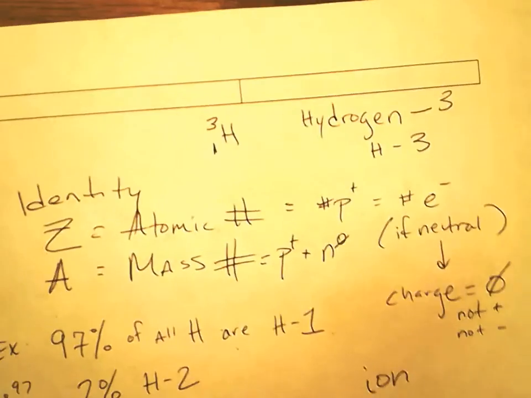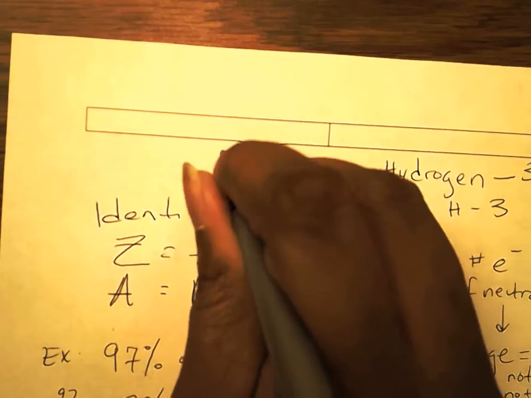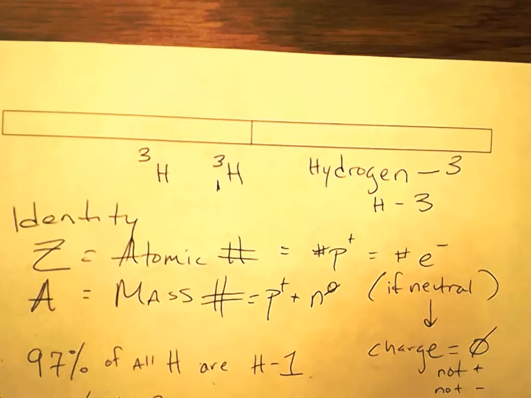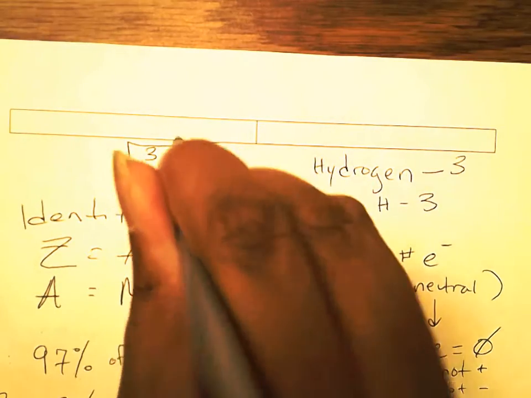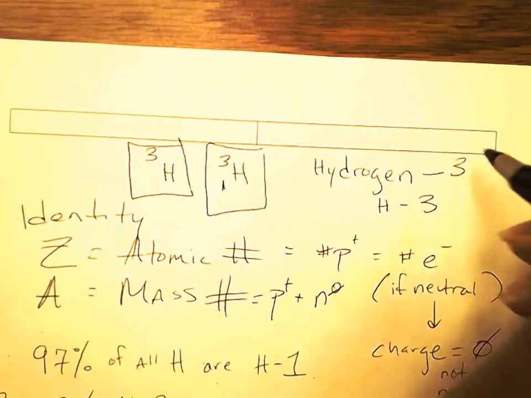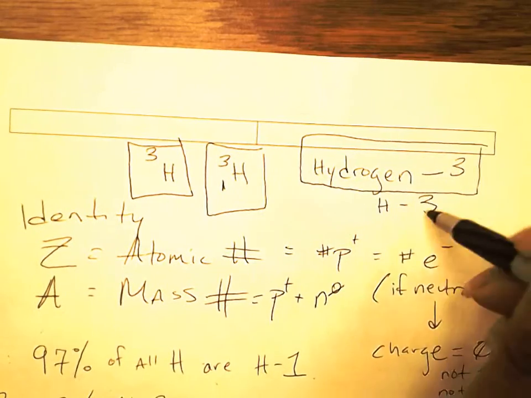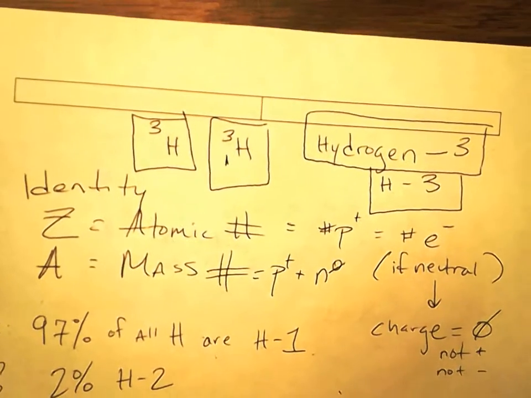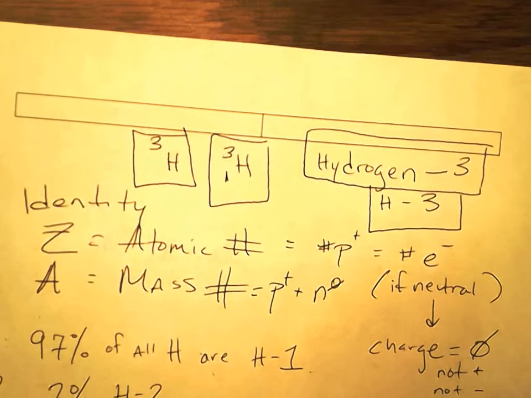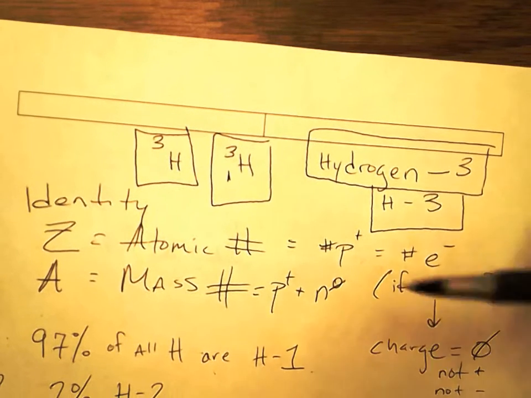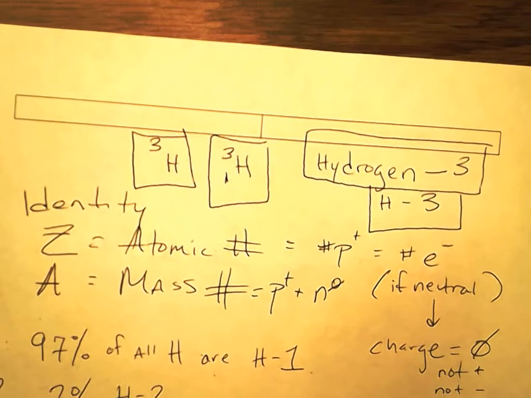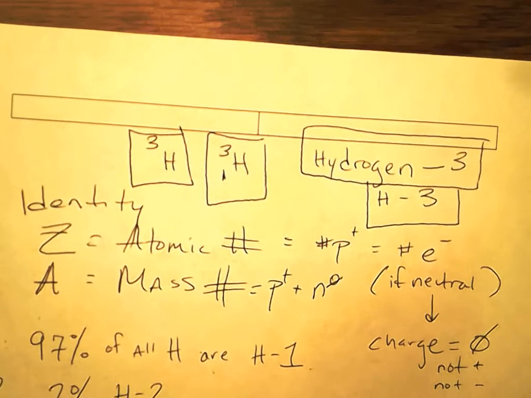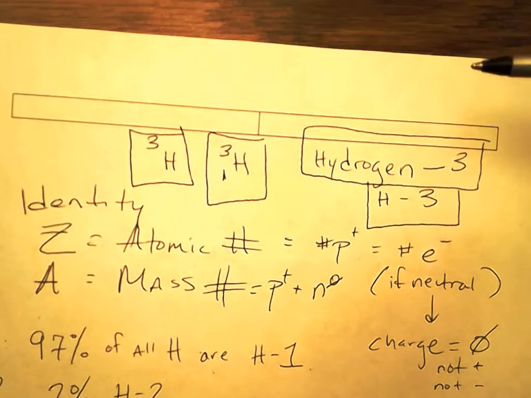Or you may see us write it like this, H, with just the mass number. These are 4 ways to write an isotope. You are expected to be able to know all 4 different ways, so that no matter which way I write it on the exam, you know what information you can get from it.